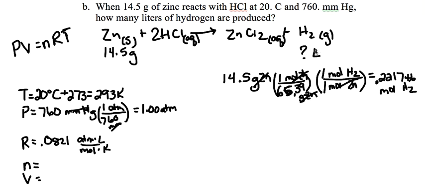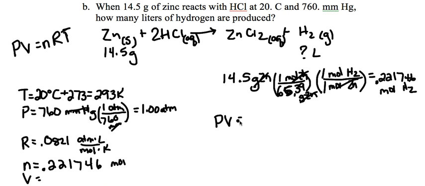So the way that we would measure it is in a volume. But now I have another variable for my ideal gas law, that 0.221746 moles. So now I do only have one unknown variable in my ideal gas law, and that one unknown variable is the volume.